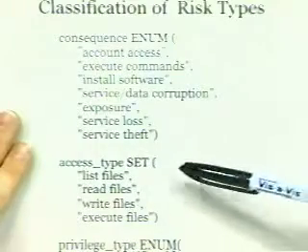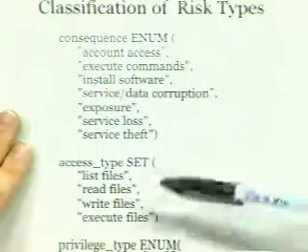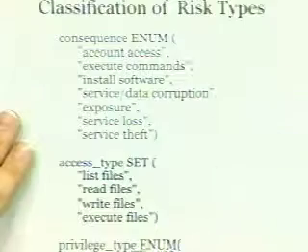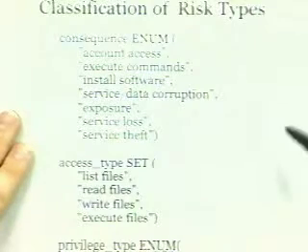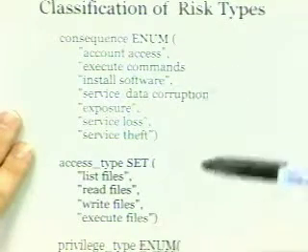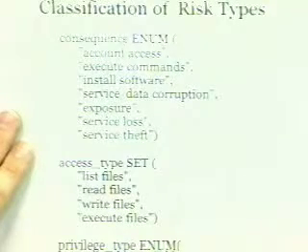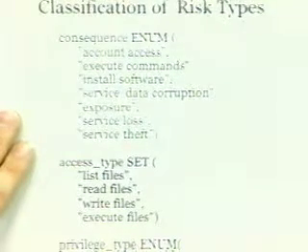There's also the access type that you gain, which is relevant mainly if you have account access. And then the privilege type, which also refers mostly to account access, but it might be that you executed commands with one of these privileges. For example, when there are some vulnerabilities of web servers that allow you to execute commands with the privilege of the web server.